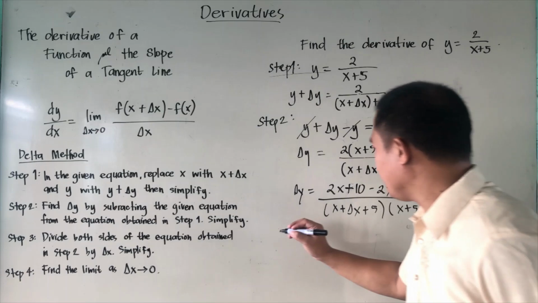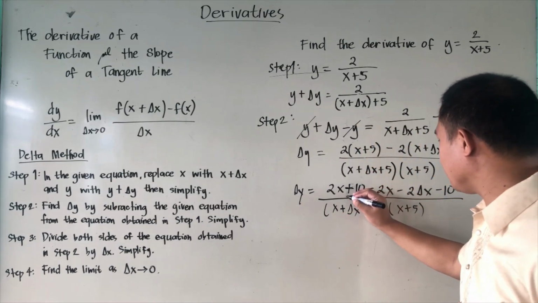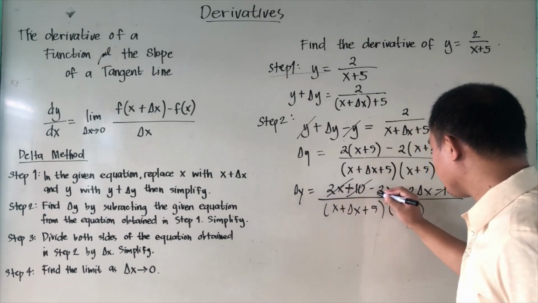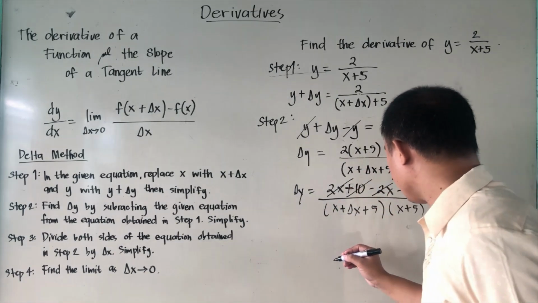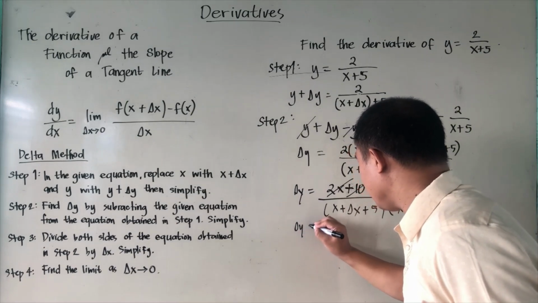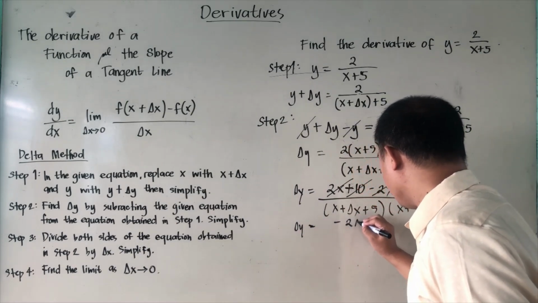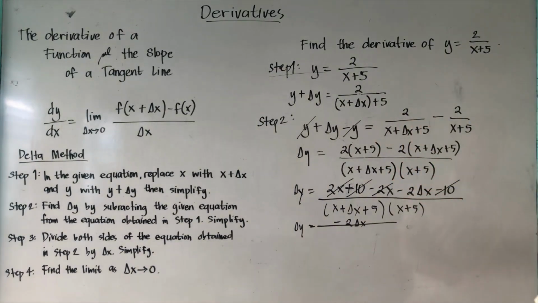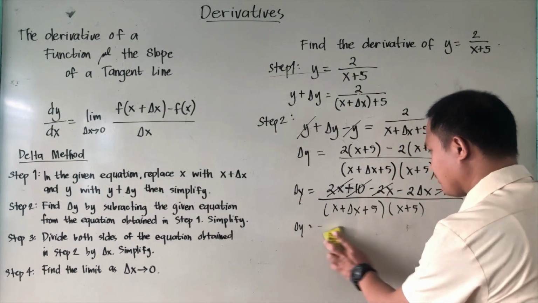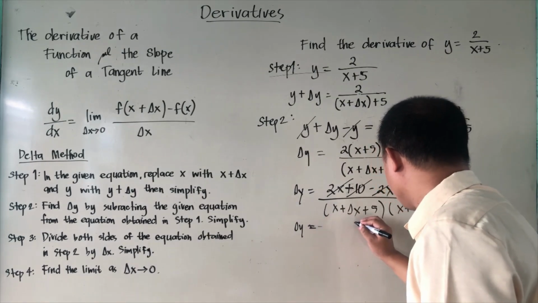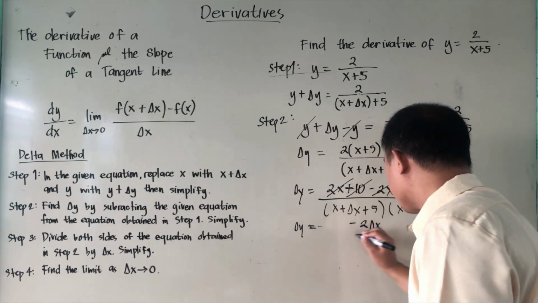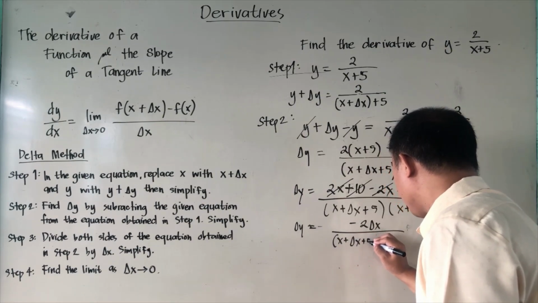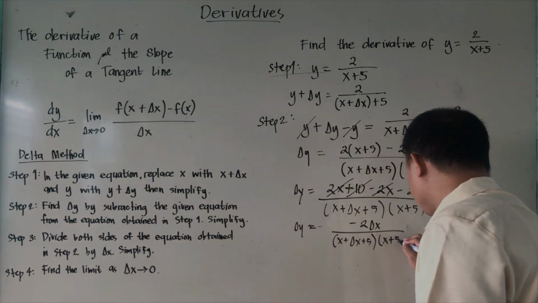Then we need to cancel 2x minus 2x. So what is left is delta y is equal to negative 2 delta x over x plus delta x plus 5 times x plus 5.